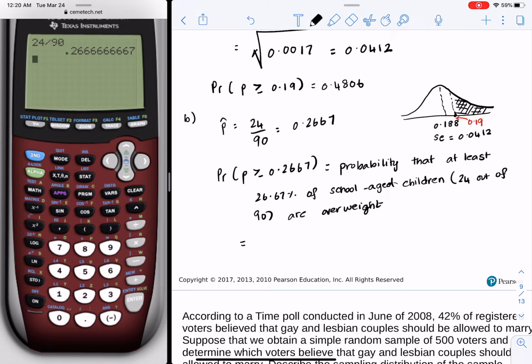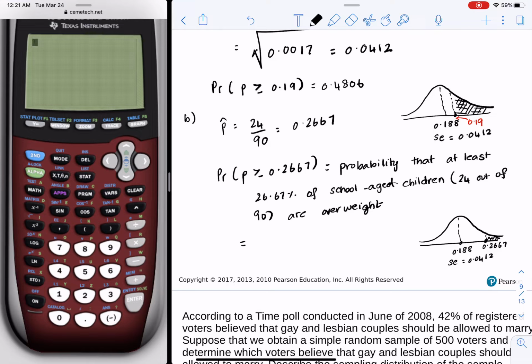So the probability of that happening, we could find it using normal CDF, because we know that the sample proportion has a bell-shaped curve with mean 0.188 and a standard error of 0.0412. 18.8% is in the middle, 26.67 is right over there. So we want to find that area, and that area is likely to be quite small.